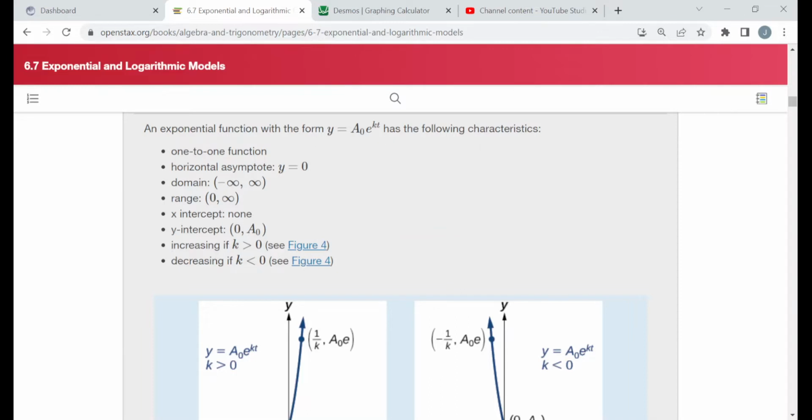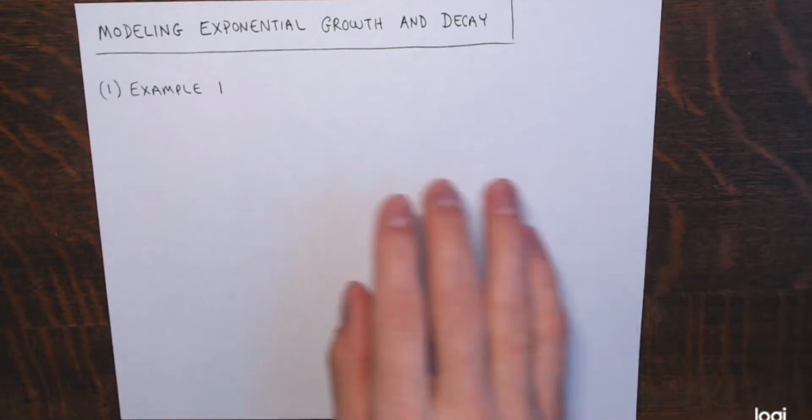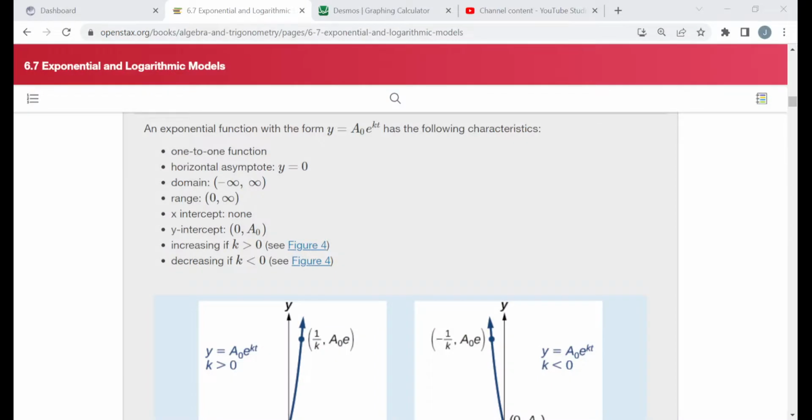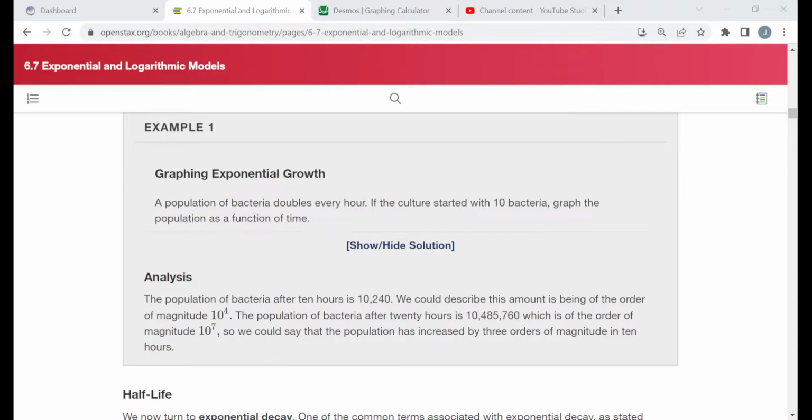The first one I'd like to do is example 1 from the text. I'm not going to read the solution; you can check the solution on your own, but I'll show you the solution as I write it out.